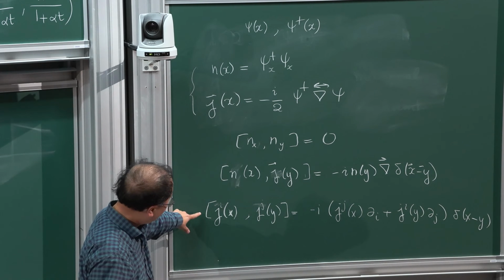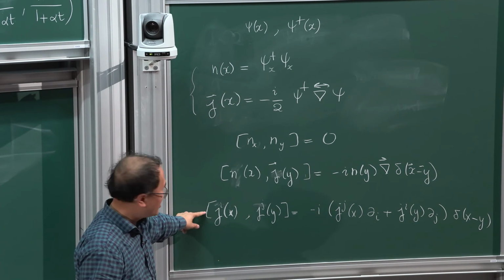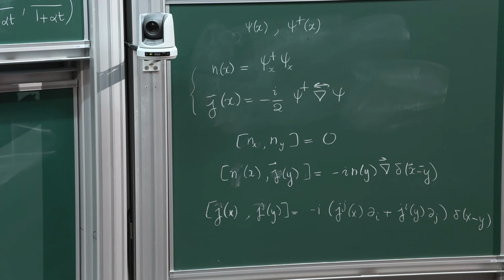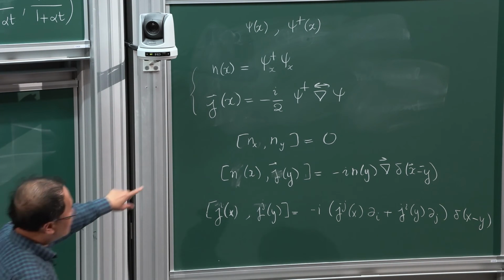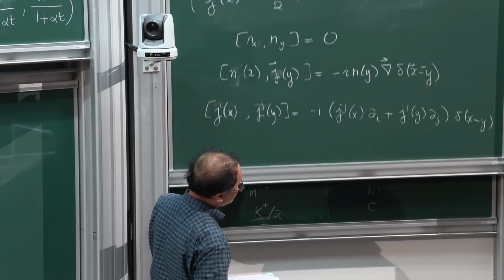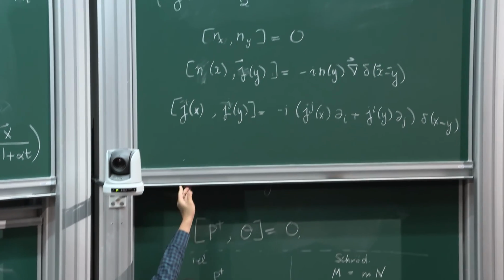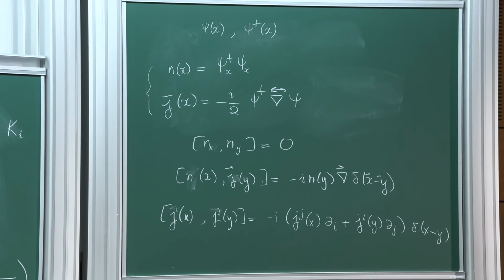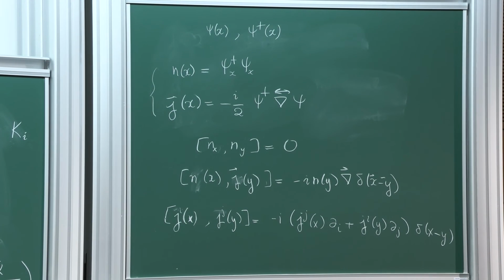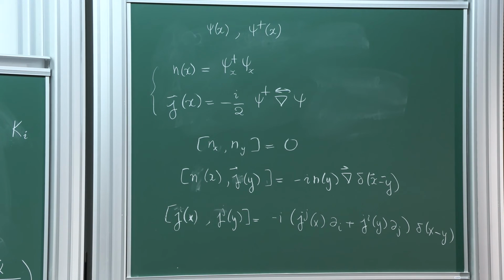Actually this J forms a closed algebra by itself, and that algebra is the algebra of diffeomorphisms of space. One can check that this J actually generates diffeomorphisms, but J and N also form their own closed algebra. And the relationship with the Schrödinger algebra is encoded in how the operators are expressed in terms of these currents.